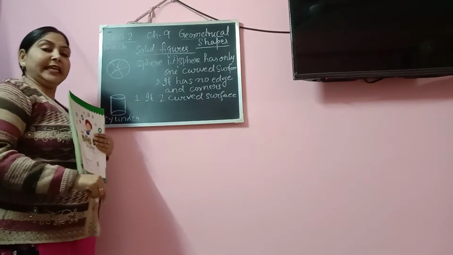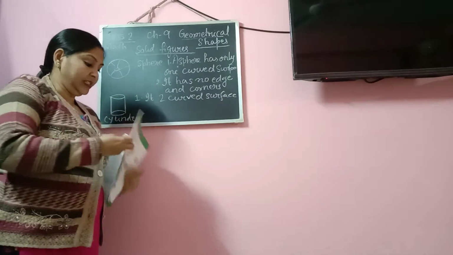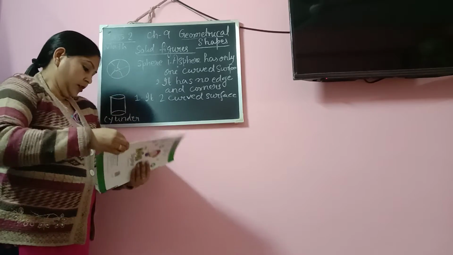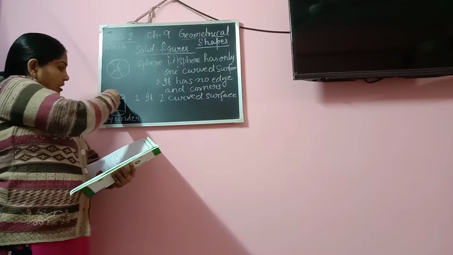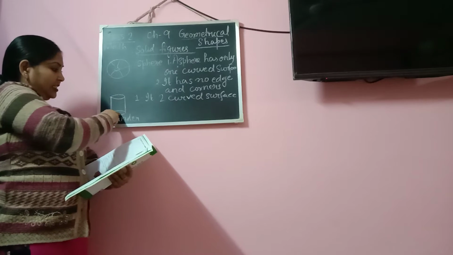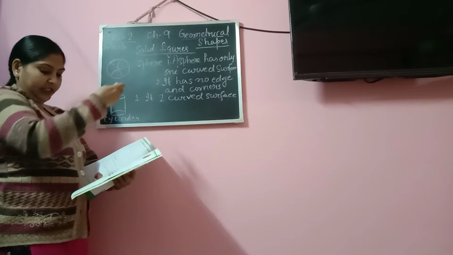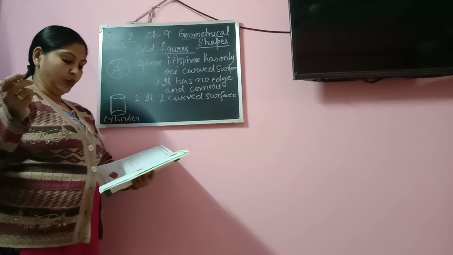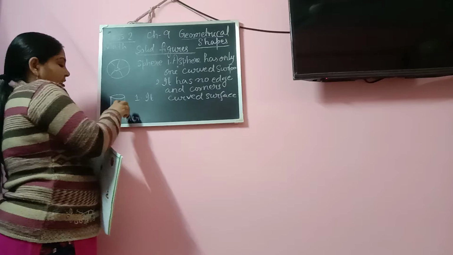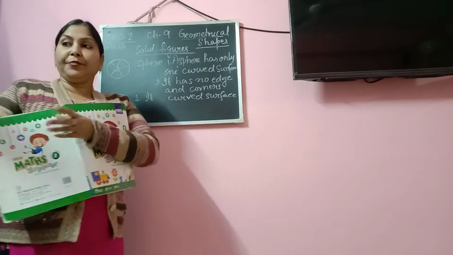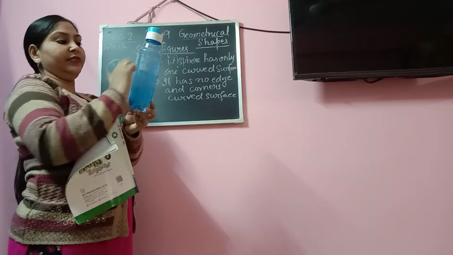Then what is the next property? A cylinder has three faces. This is one face, another face is this, and this is the other face. As I will show you here, this is the one curved surface.